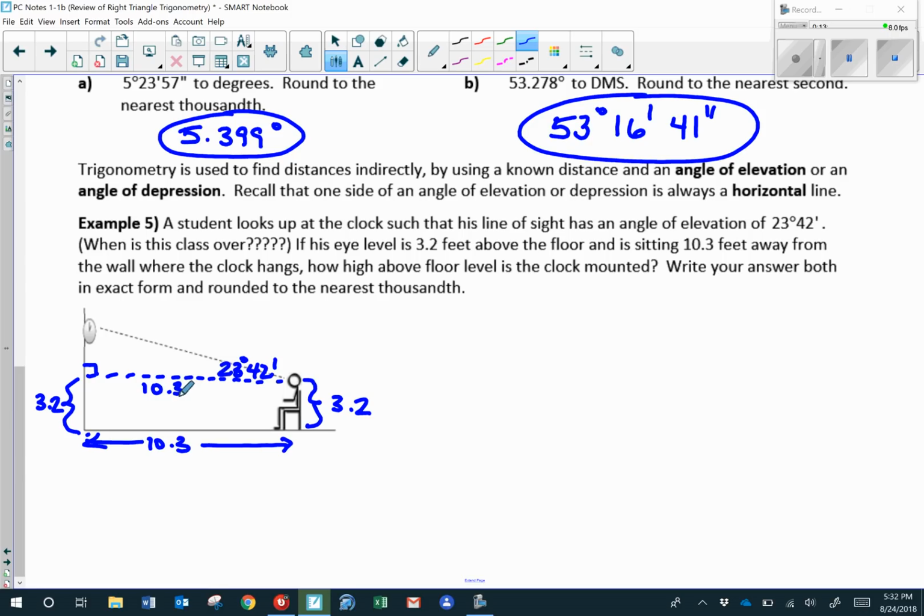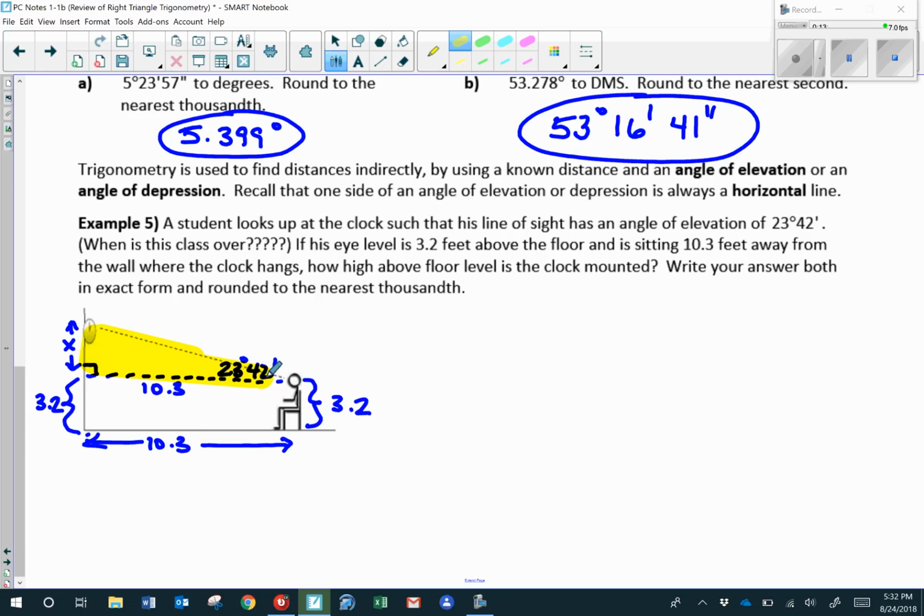The thing that we're looking for is how high the clock is mounted above the wall. So I'm going to put an X here on that vertical distance in between the horizontal line of sight's intersection with the wall and the clock. So we can find X using SOH CAH TOA because SOH CAH TOA applies to right triangles, and I have a right triangle right here.